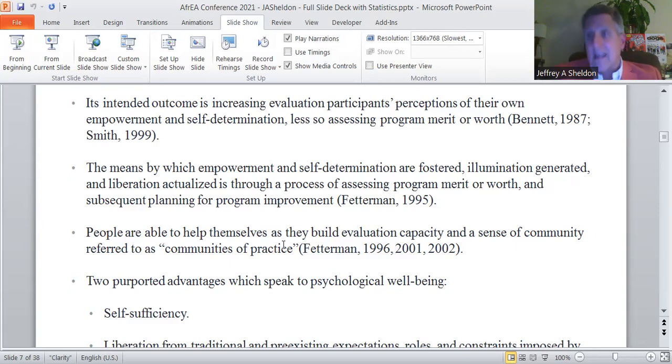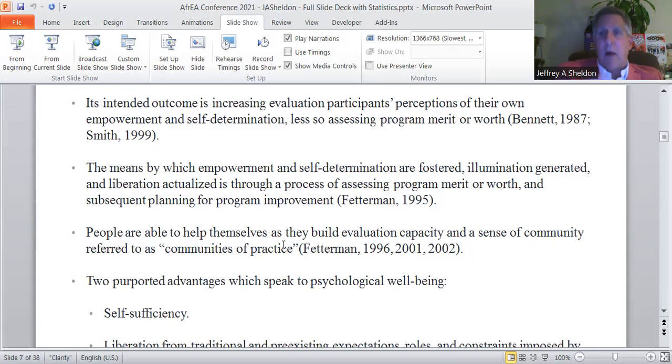And that's designed to determine whether an intervention or program works or doesn't work, is having an impact or not having an impact, is meeting its intended outcomes or not meeting its intended outcomes. So that's the assessing merit or worth aspect of it, but that's not the focus of empowerment evaluation.